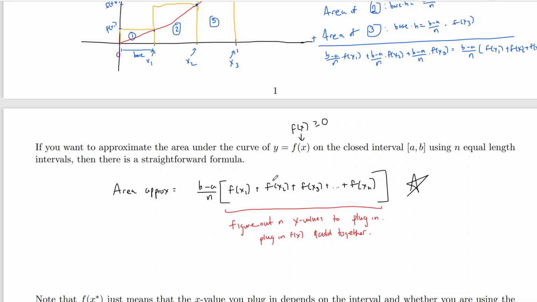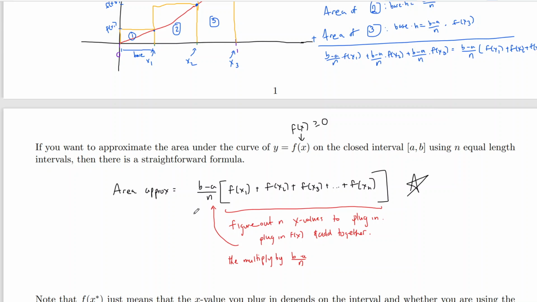So that's what this is saying. We plug in all of our x values separately, of course, and then maybe this is 1, this is 2, this is 8. You add them all together, then multiply by the b minus a over n, which is the base or the width of the rectangle, and you'll be good to go.